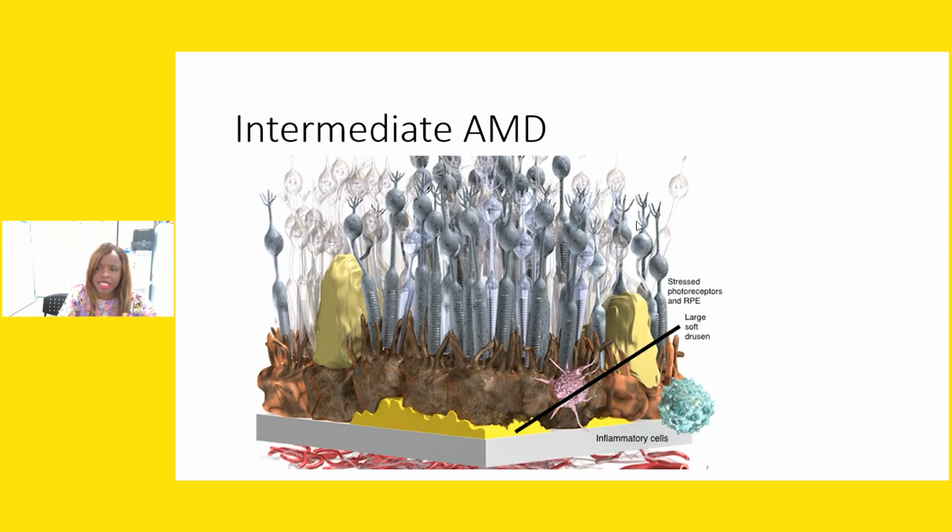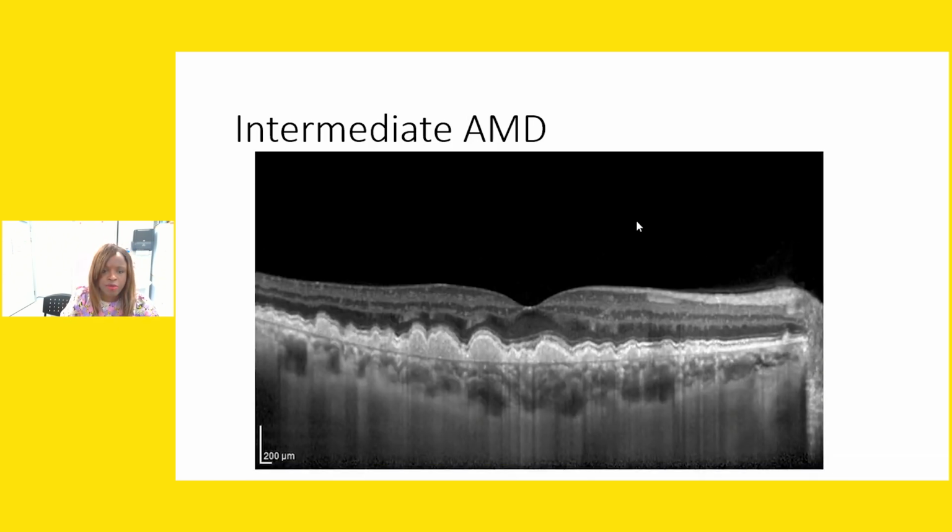Some people with intermediate age-related macular degeneration become aware of straight lines appearing wavy, what we call distortion. On OCT, you can see the bumpiness of the RPE layer becomes much larger than what I'd shown you before.